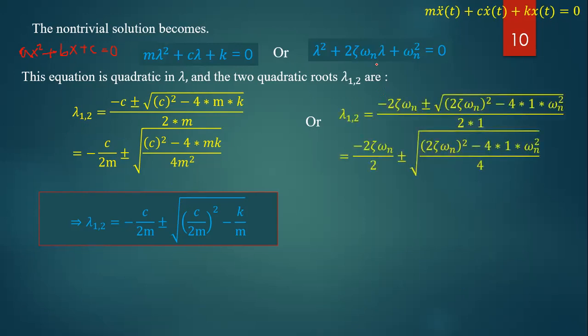Again, for this equation, A is 1, B is 2 zeta omega n, and C is omega n squared.